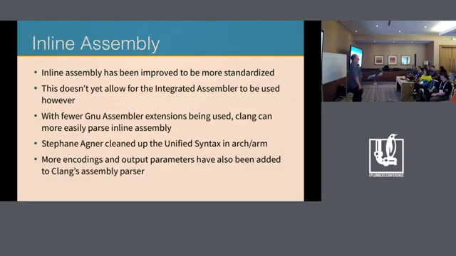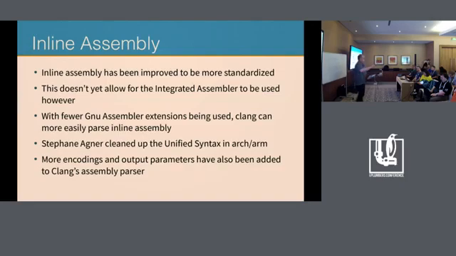And indeed, a lot of the extensions that were part of GAS have slowly been removed from the Linux kernel to make things a lot more supportable. So that's really good. Unfortunately, the integrated assembler still can't be used, so the speed-ups and the debuggability that the integrated assembler brings to the table still aren't possible. However, that still is something that people want to do going forward.